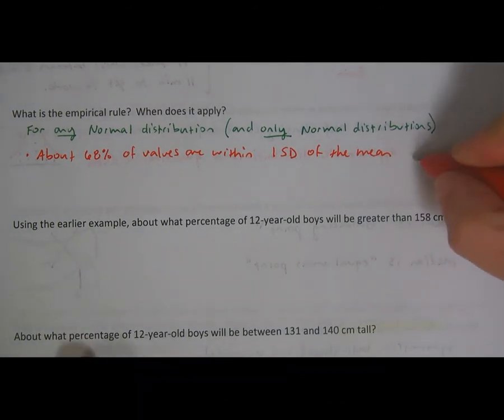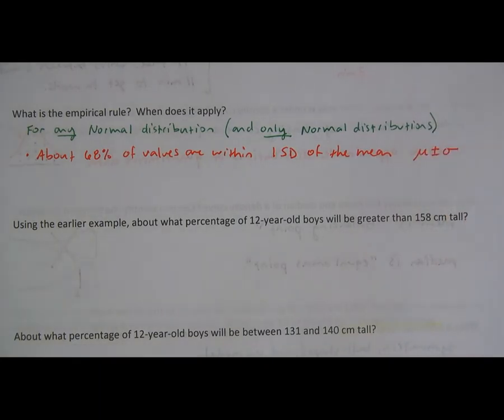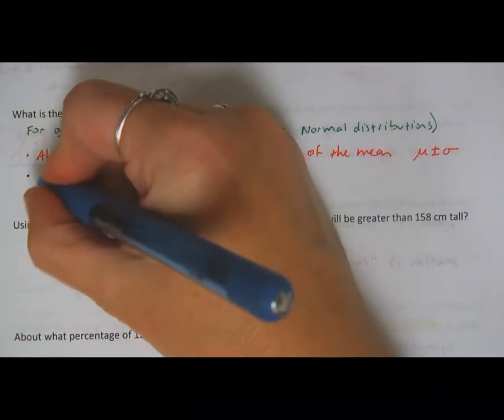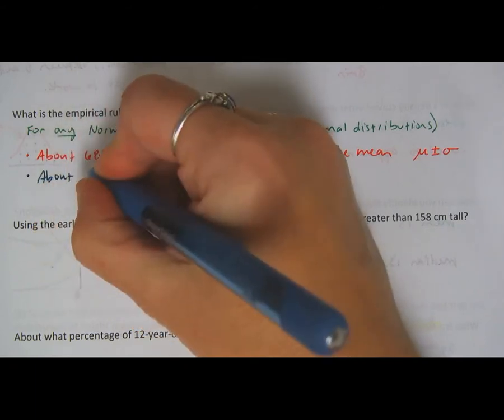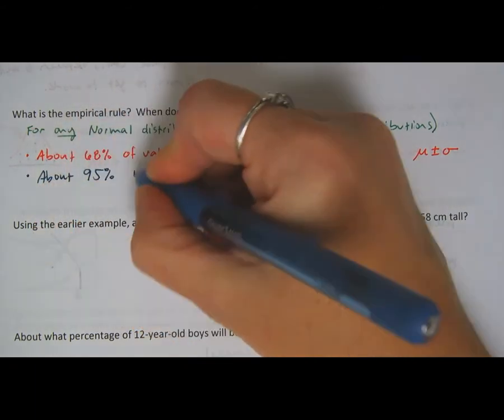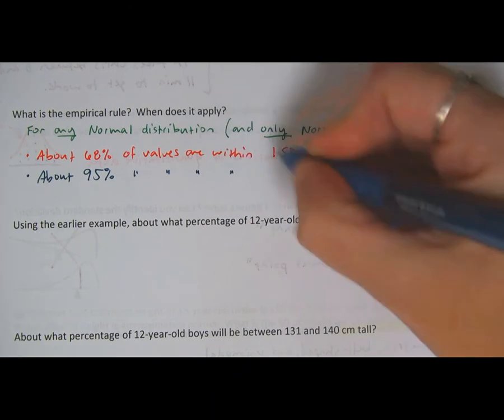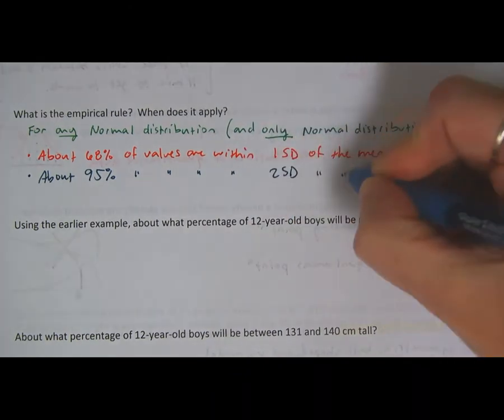Here is that same information in mathematical symbols. Mu plus or minus sigma. That's the average minus a standard deviation, the average plus a standard deviation. 68% of the data values are between there. The next part is about 95% of values are within 2 standard deviations of the mean.